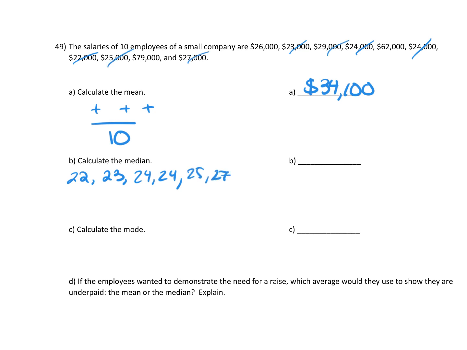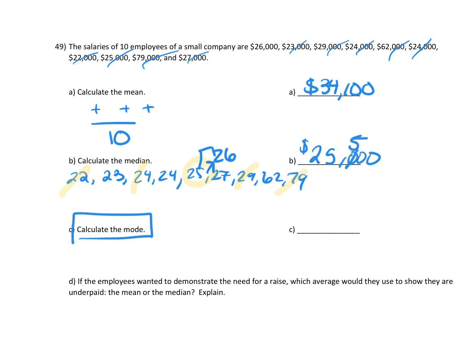And actually I need to stick 26 in here. So my median is actually going to be halfway between 25,000 and 26,000. Right. Mode is the number that shows up the most, and the only one that repeats is $24,000.